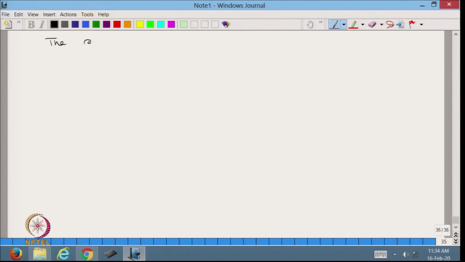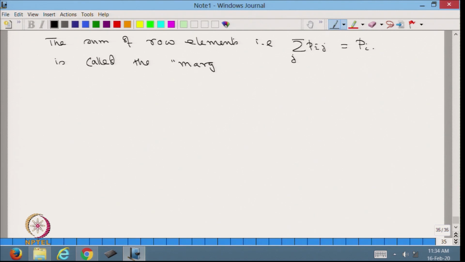The sum of row elements, that is, sigma P_ij summing over j, is equal to P_i dot, which is called the marginal probability for x taking the value i.